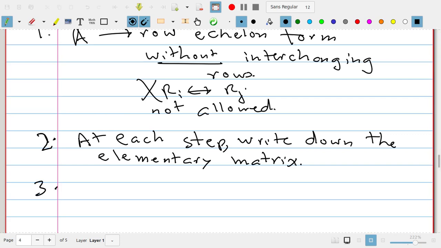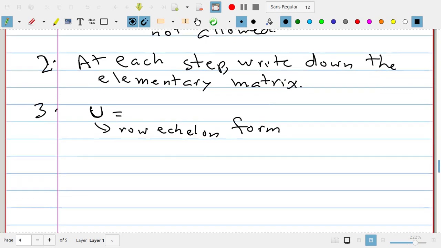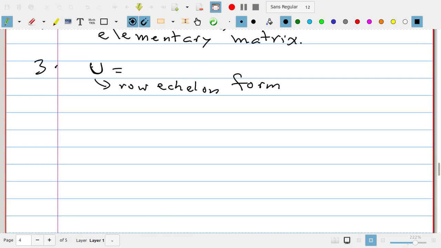And then the next thing you do is you write the row echelon form, which is obviously upper triangular.